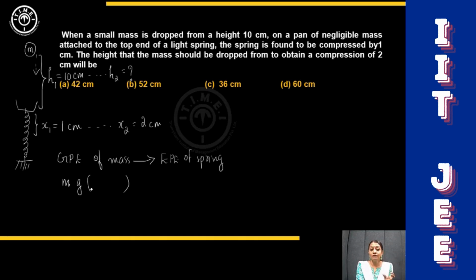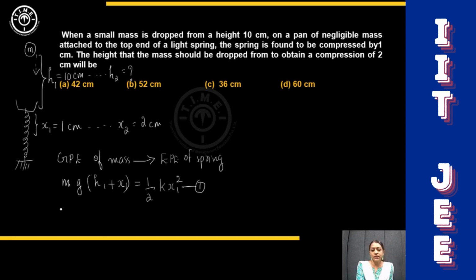So here we have to consider the displacement of that mass as h1 plus x1, right? Clear? Yes. Now what comes in the RHS is the elastic potential energy of the spring, which is given by half k x1 square. So that is the equation for the first case. Okay, you can mark it as equation number 1.